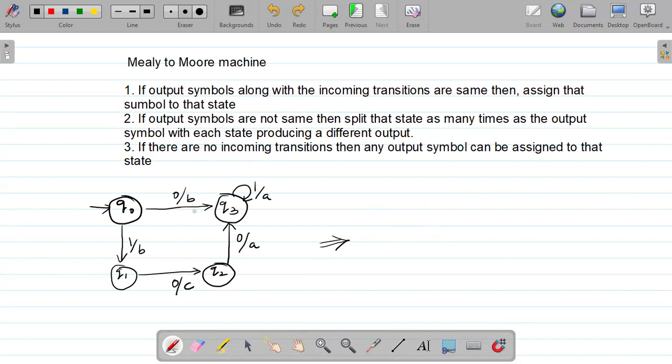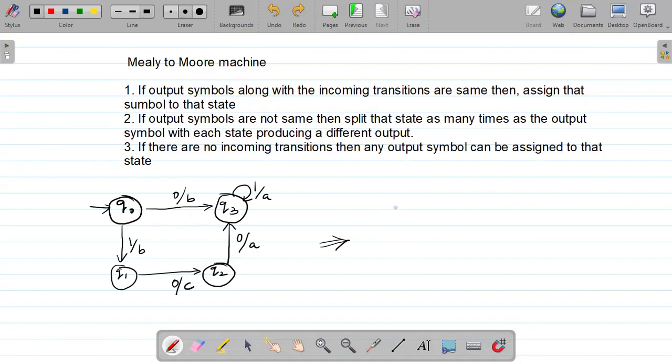In this case, Q3 has three incoming transitions. One gives output B and two give output A, so splitting will be required. Third, if there are no incoming transitions, then any output symbol can be given. Here the outputs are A, B, and C, so we can take any output symbol. This is required for the start state, and in this case there is no incoming transition for Q0.